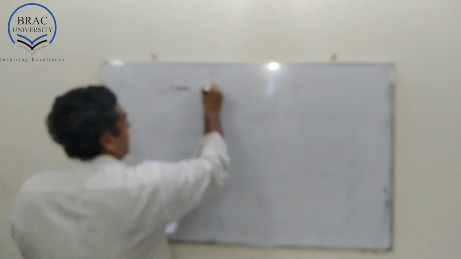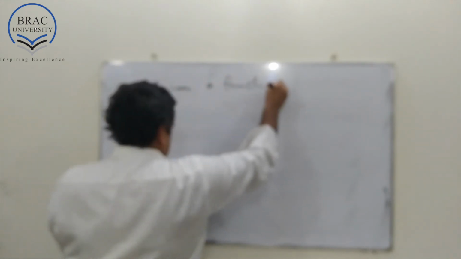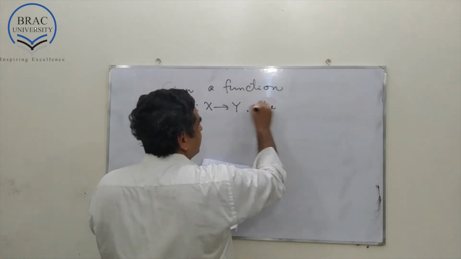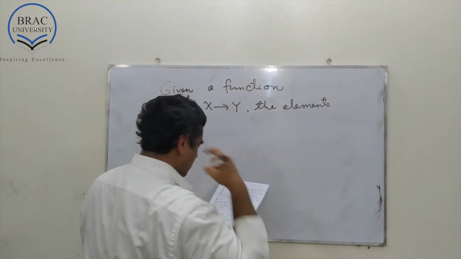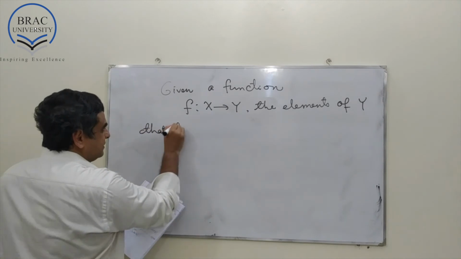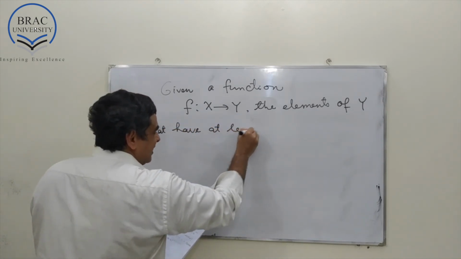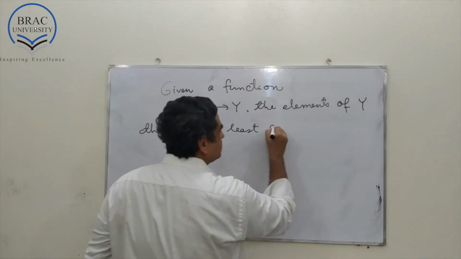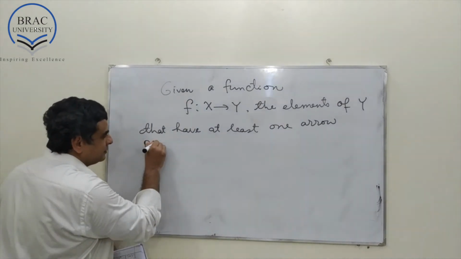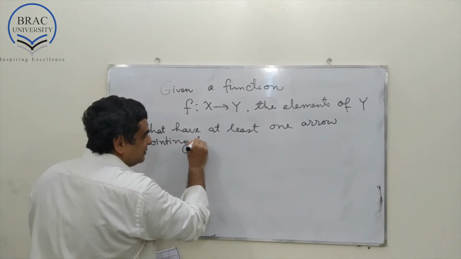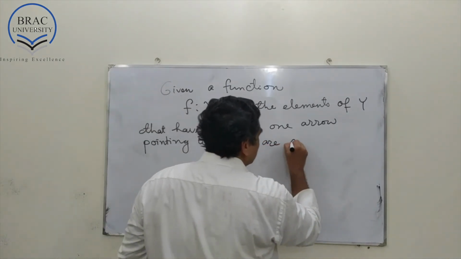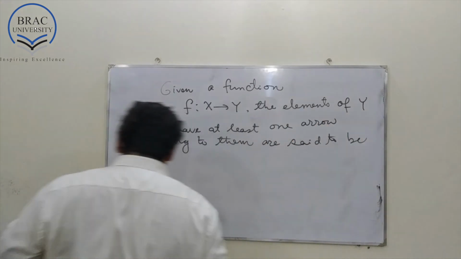Given a function f from X to Y, the elements of Y that have at least one arrow pointing to them are said to be in the image of f.